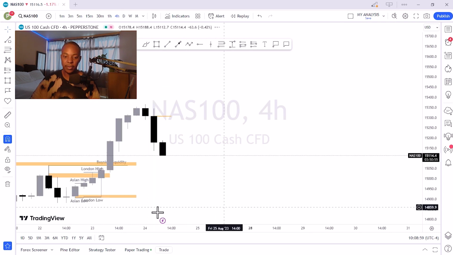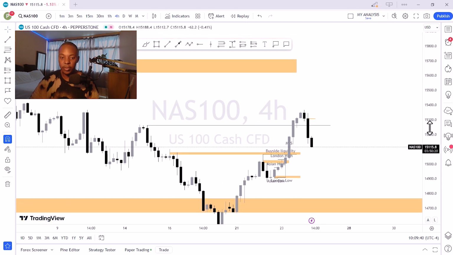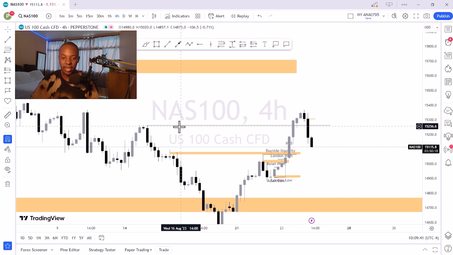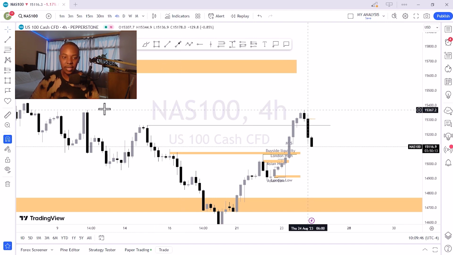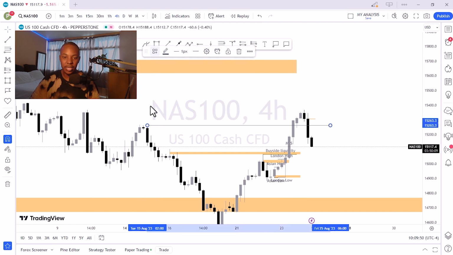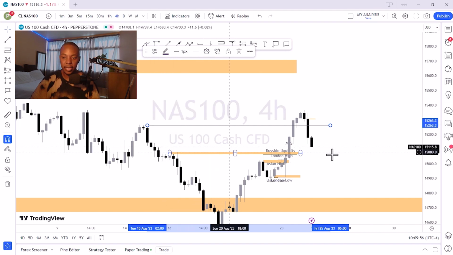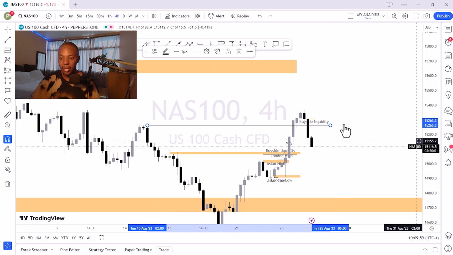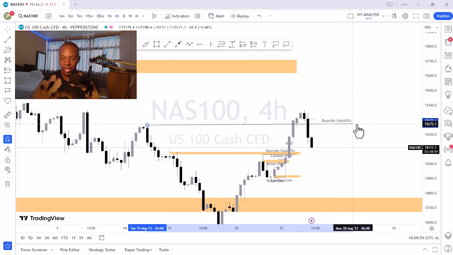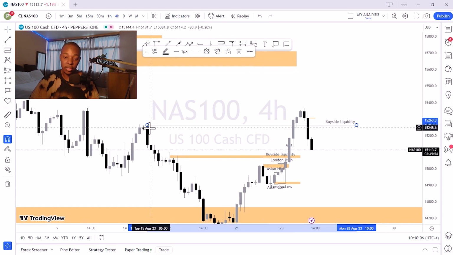Let me go to a higher time frame. So the reason why I actually took this trade was because, as you can see there, we have this buy side liquidity which was taken out, and I consider that a market structure shift.